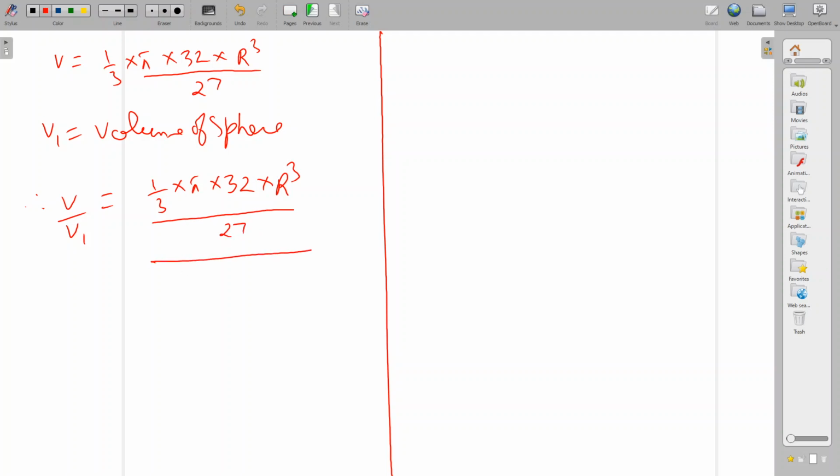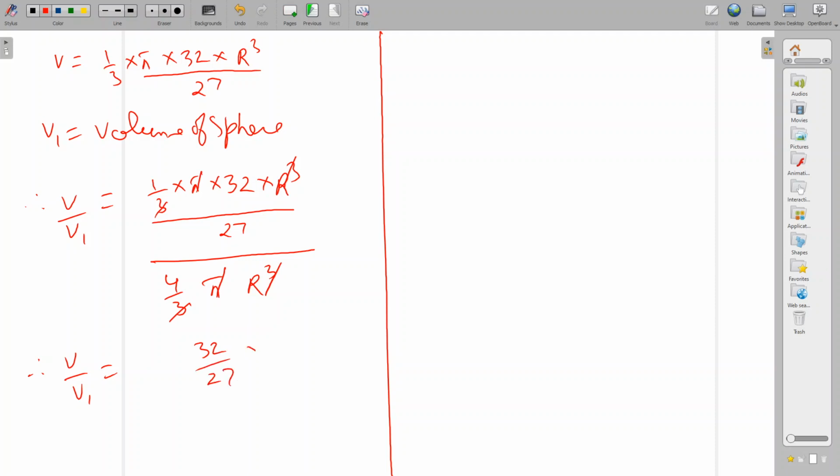And V1 is the volume of the sphere, which is 4 by 3 pi R cube, because capital R is the radius of the sphere. So pi and pi cancel out, R cube and R cube cancel out, and the 3 and 3 cancel out.